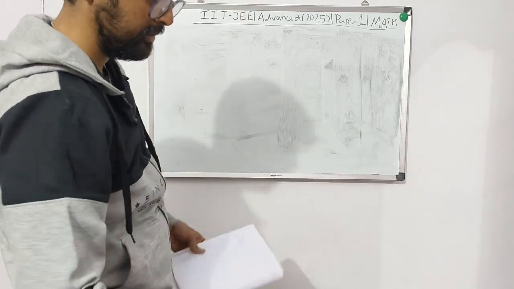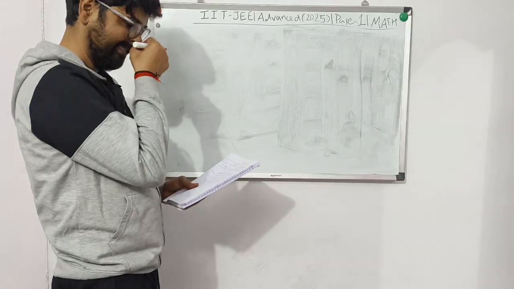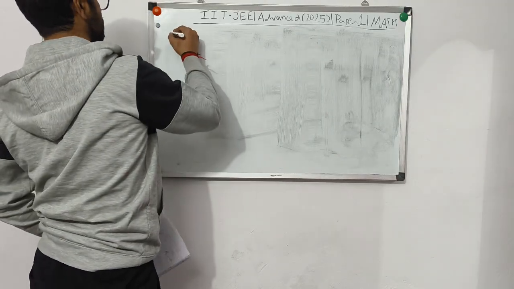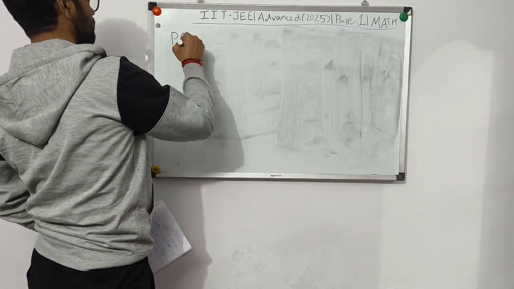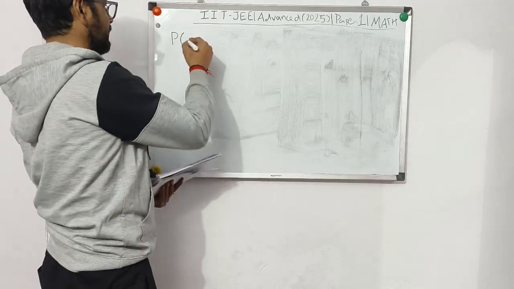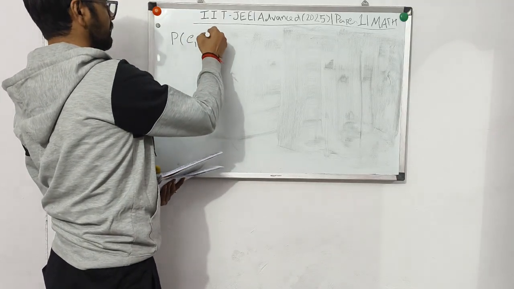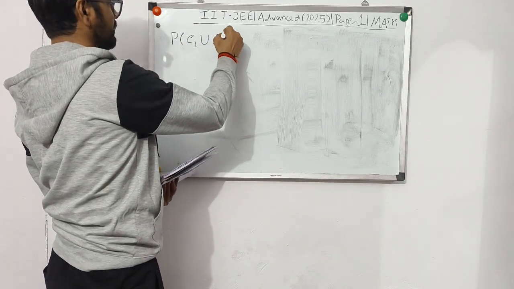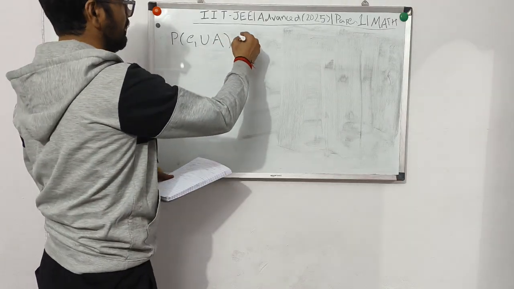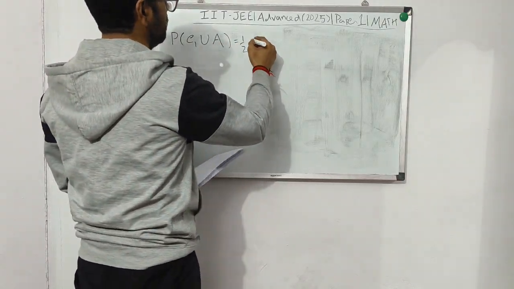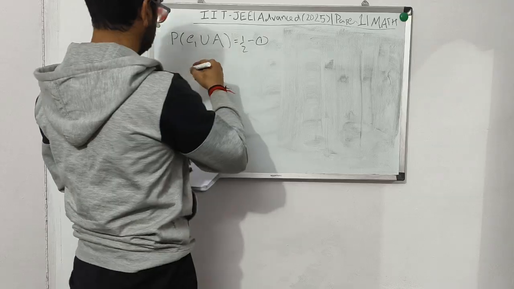Okay, so the first probability we are given is of event U, which we rewrote as E1 union A. So we are given P(E1 union A) equals half. This is equation 1.